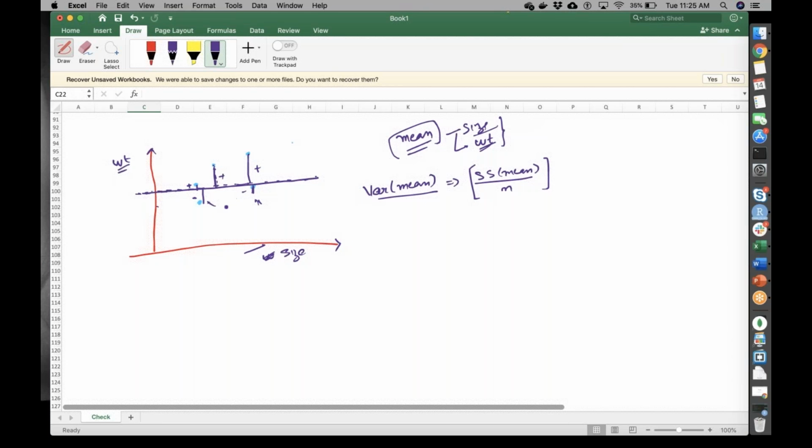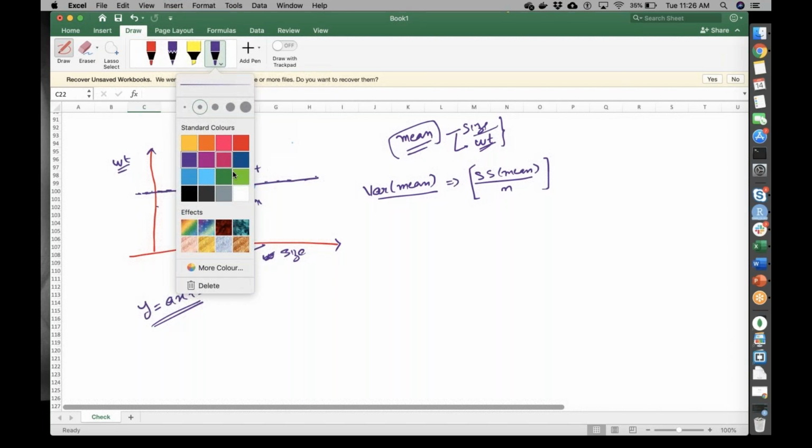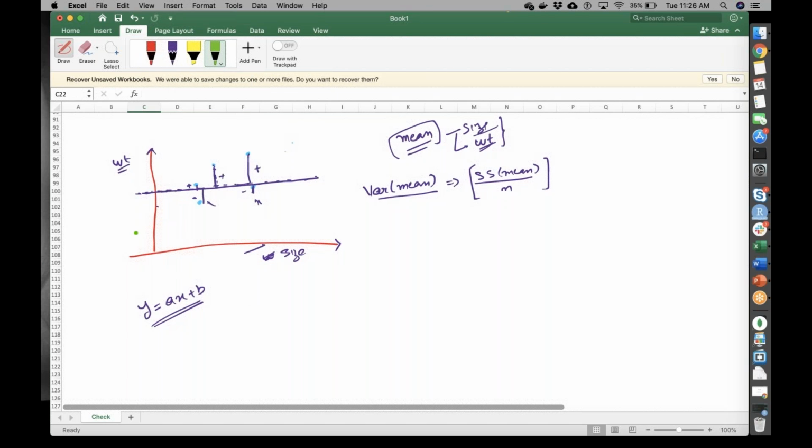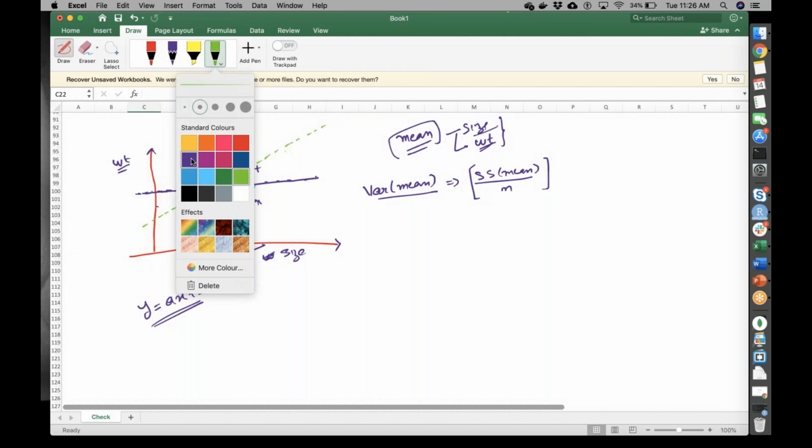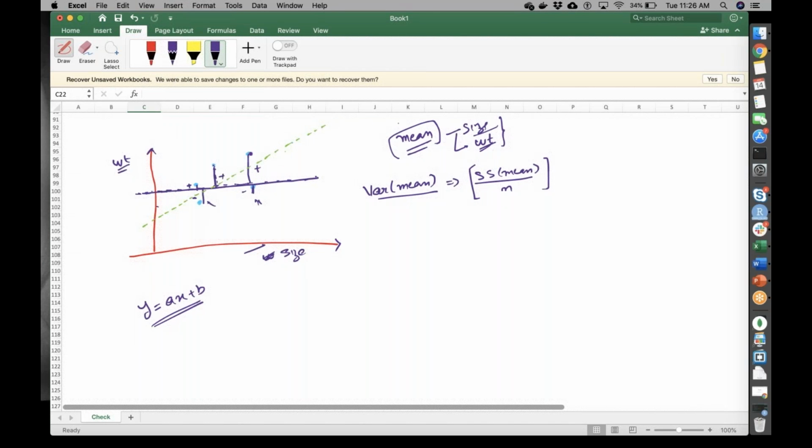After that, let's say you do a prediction and identify an equation like this: y equals ax plus b. You have got this equation, and now you start predicting. Let me mark it with a different color. Let's say this is the line that you have got, and you have a point here.